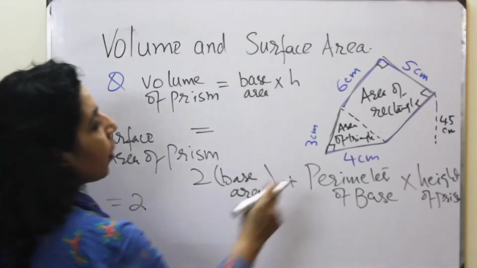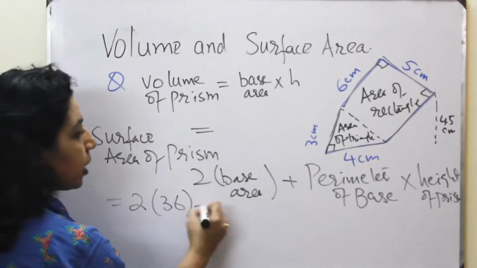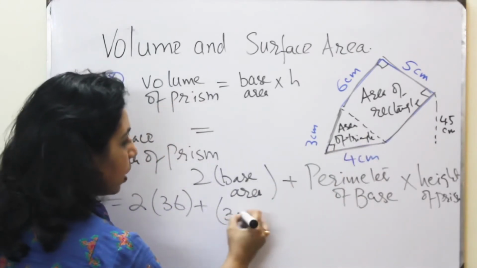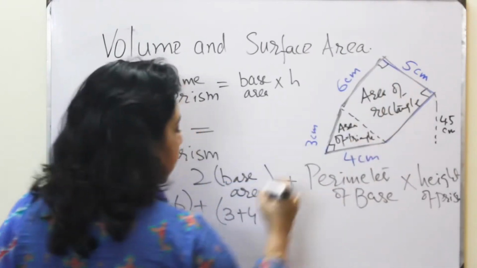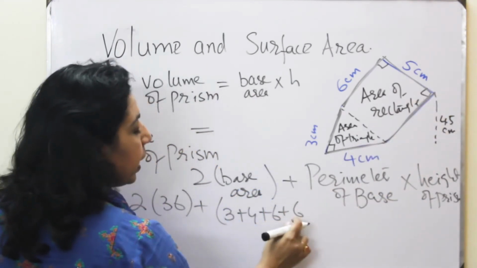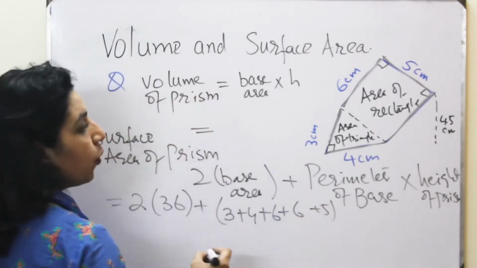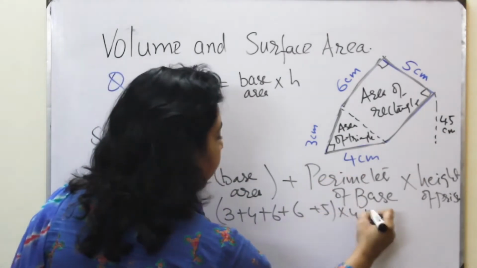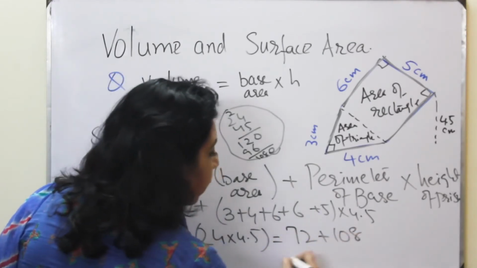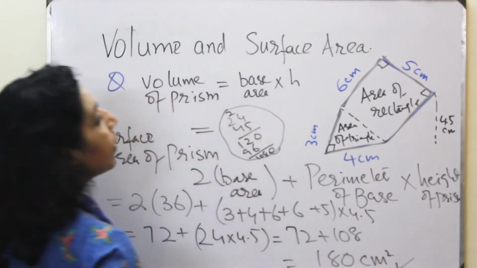Base area, we just found the base area, 6 5 is 30 plus 6, 36, twice into 36 plus perimeter of the base. 3 plus 4 is 7, 7 plus this 6 and this 6, 13 and 6 is 19 and 5 is 24, multiplied by 4.5. So 72 plus 108 will give us 180 centimeter square, which is the surface area of this prism.